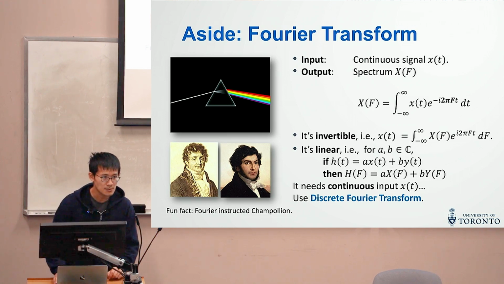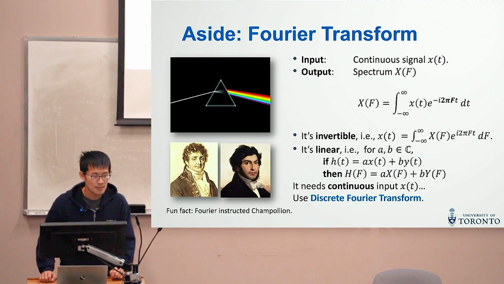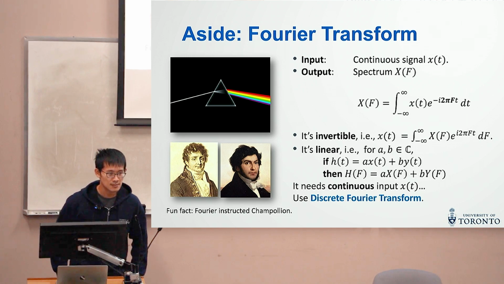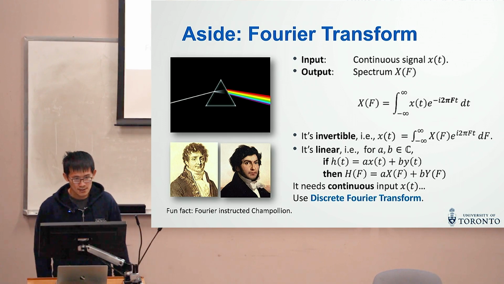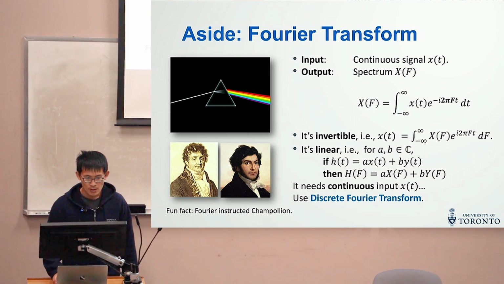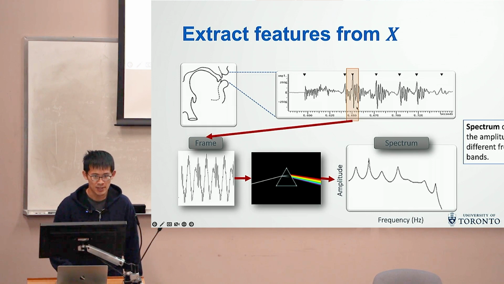Yeah, but if we transform from the time domain to the frequency domain, it's no longer sequential data, right? Then why are we still using transformers to do this? It is still sequential data, because you are segmenting the speech into frames, and each frame is represented by one vector.